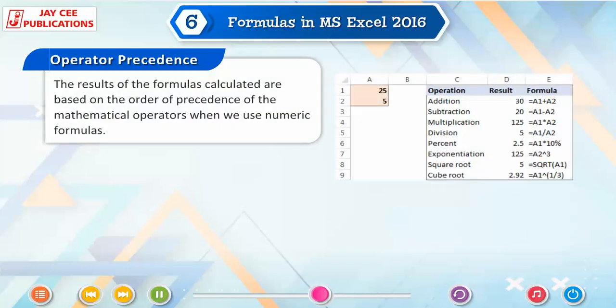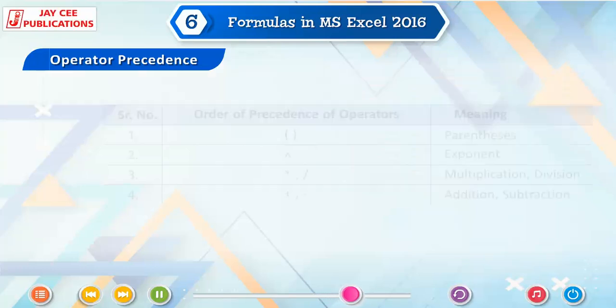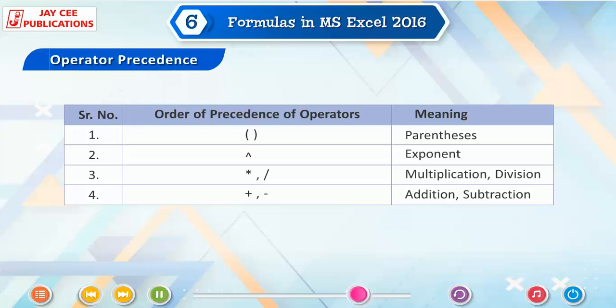The results of the formulas calculated are based on the order of precedence of the mathematical operators when we use numeric formulas. Order of precedence of operators: parentheses, exponent, multiplication, division, addition, subtraction.